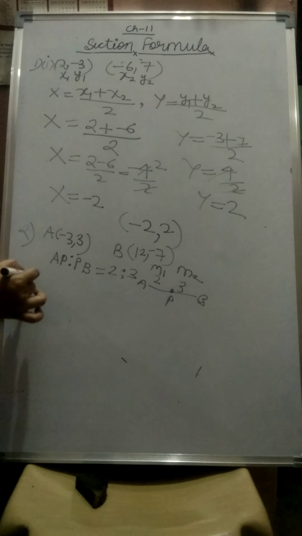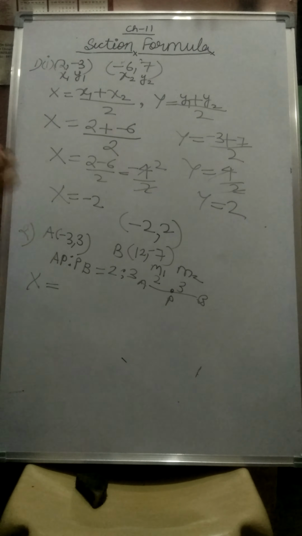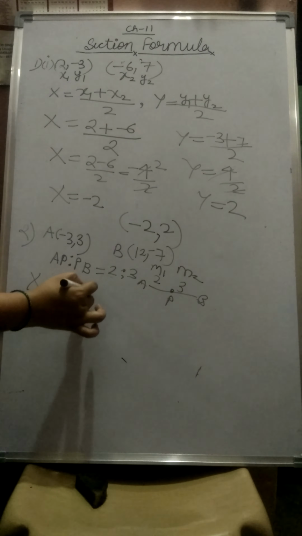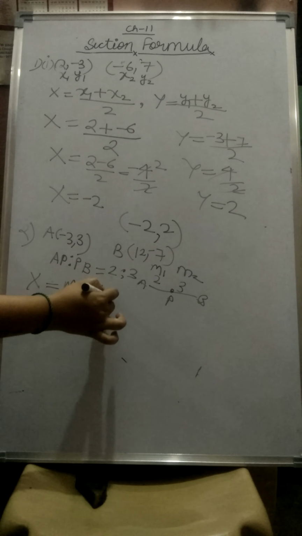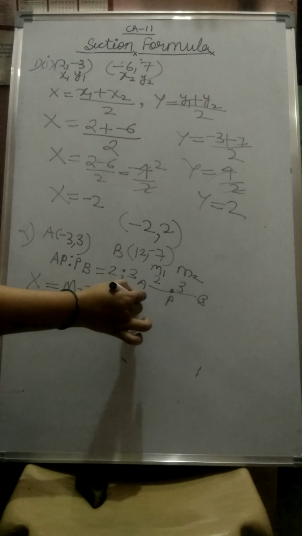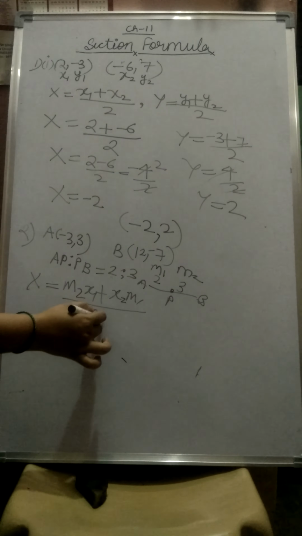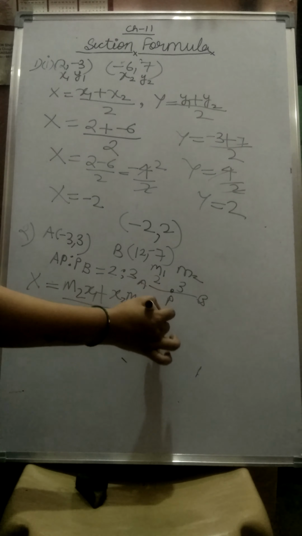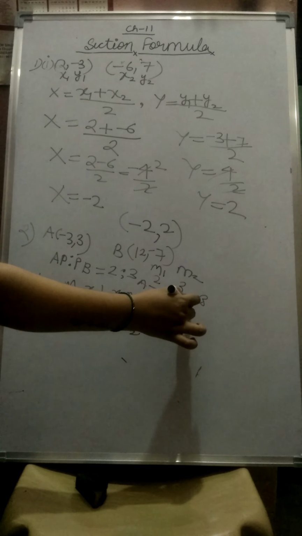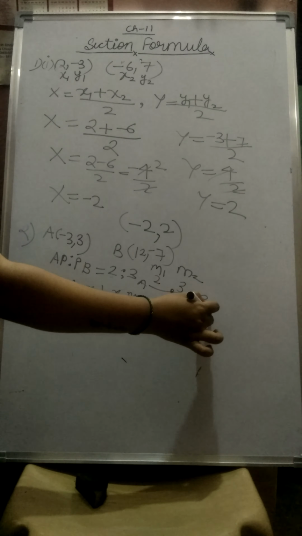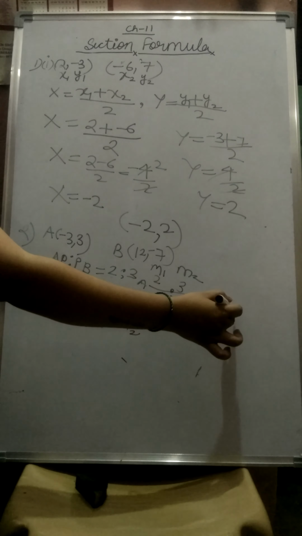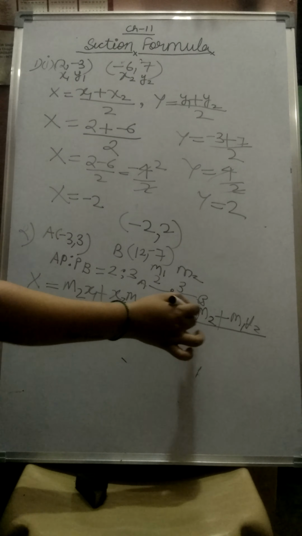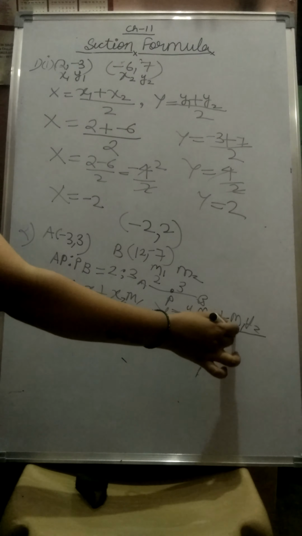Let's apply the formula of ratio. Capital X is equal to (m2 x1 + m1 x2) upon (m1 + m2). Capital Y is equal to (m2 y1 + m1 y2) by (m1 + m2).